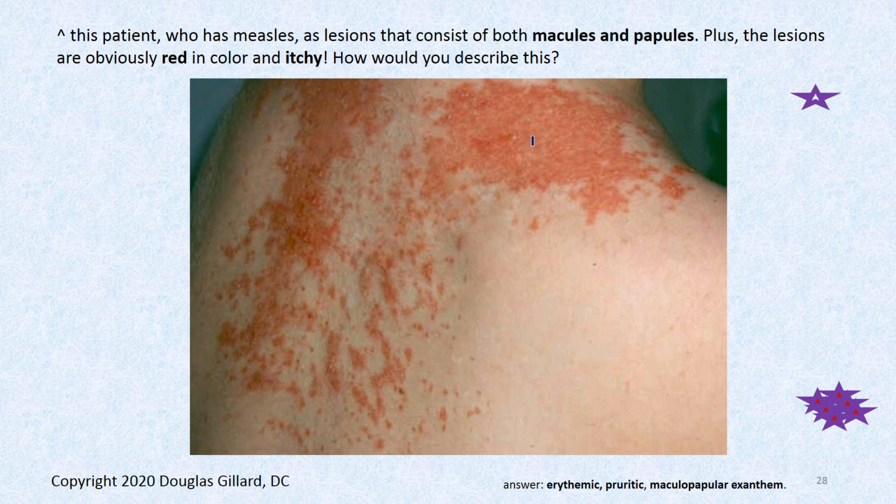Even though they've all clustered together here, I think it's still safe to call this, from the history, the patient says it's itchy, this would be an erythematous pruritic maculopapular exanthem. Or you could put the pruritic at the beginning if you want. Pruritic erythematous maculopapular exanthem. See how that works?